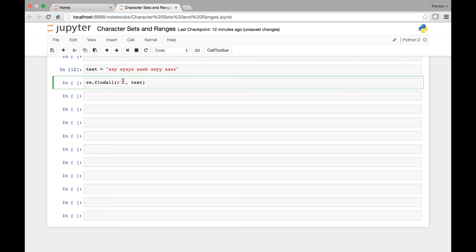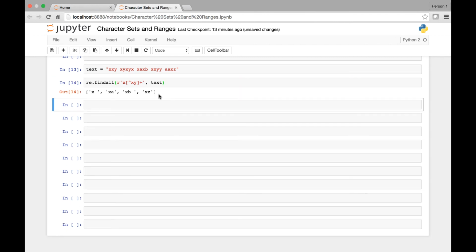So for pattern I have X, the exclusion sign, not followed by X or Y. And by adding a plus sign I get X not followed by one or more X or Y, right? So run it. I get here X. So here I have X not followed by one or more X or Y.